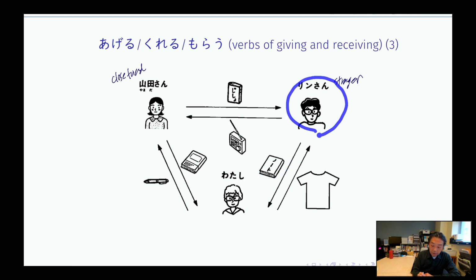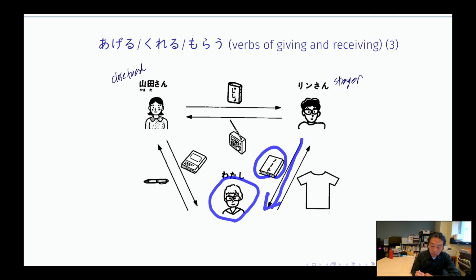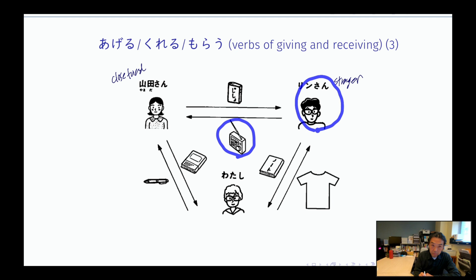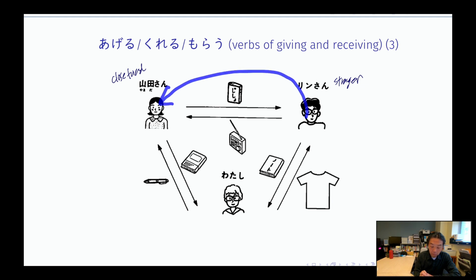リンさんは私にノートをくれる。Okay. Lin-san gave me a notebook. Okay, so let's think about this transaction. Lin-san is out group and Yamada-san is in group, and the radio comes from out group to in group.